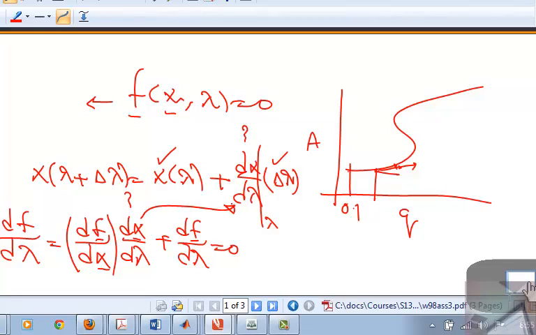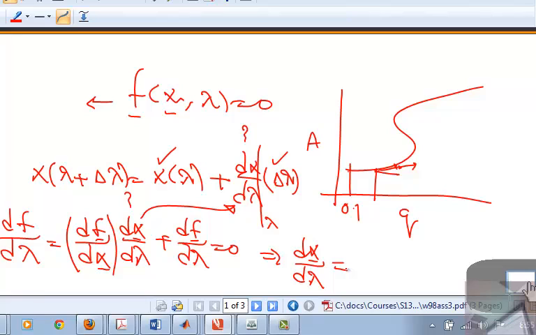Okay. So I can rearrange this equation as dx d lambda, which is a vector with respect to a scalar variable, as equal to, so I move everything else to the right hand side. Okay. So first I move df d lambda to the right hand side, it becomes minus df d lambda, and then I need to invert this, okay, because it is a matrix.